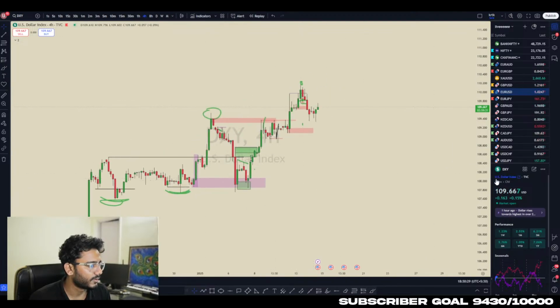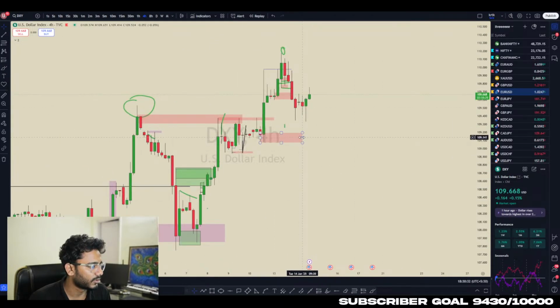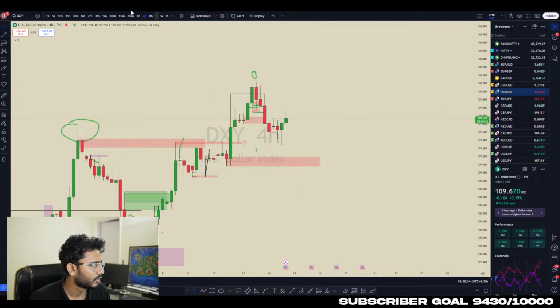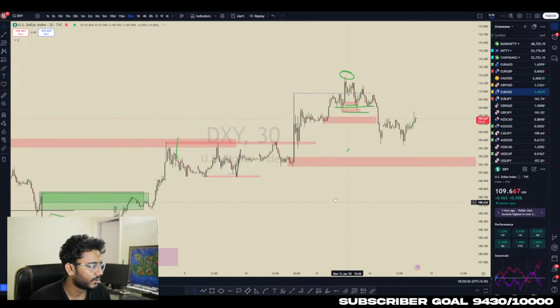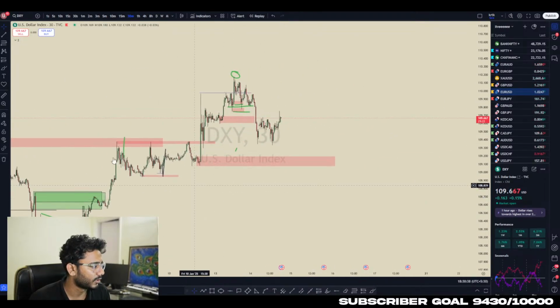On DXY, we can see we have this order block. I think when the news comes, price will tap this order block and then it can continue higher, like this. On Friday, we have news, so I think price will tap this order block, and then it can continue to the upside.